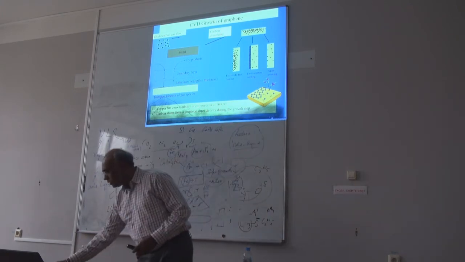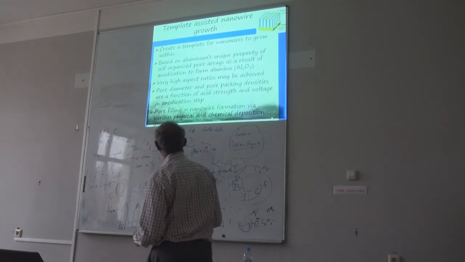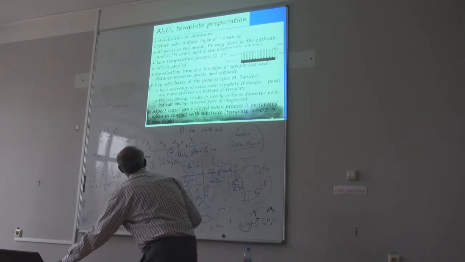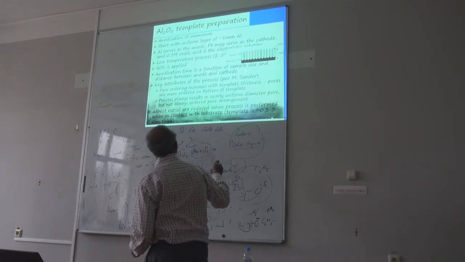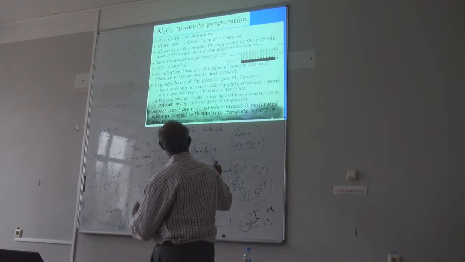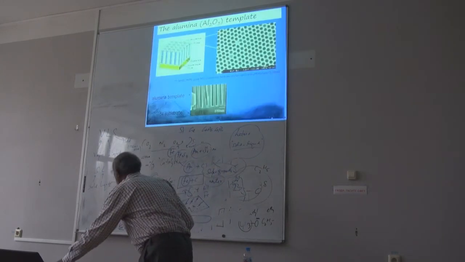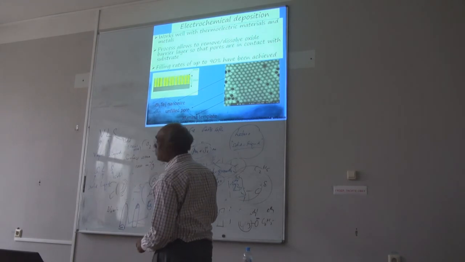So then last thing, I'll just quickly show the template assisted growth. Like I said, you have this alumina substrate, they have tiny holes like that. So if you want, you can even make those tiny holes using this technique actually.